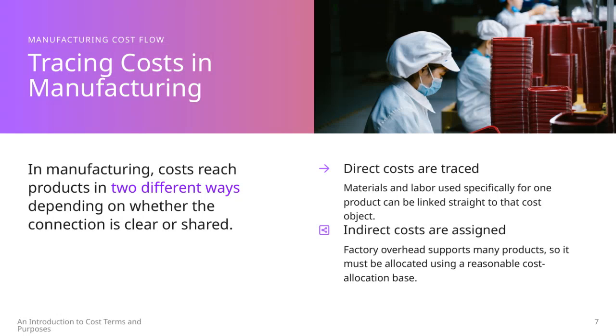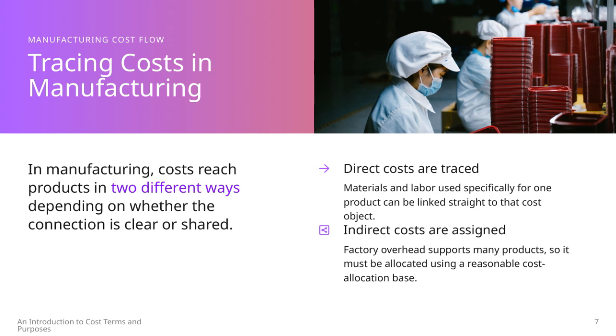In manufacturing, costs flow to products in two main ways based on how clearly they can be linked to a specific product. Direct costs, like materials and labor used exclusively for one product, are traced directly to that product. This makes it straightforward to assign these costs because the connection is clear and specific.